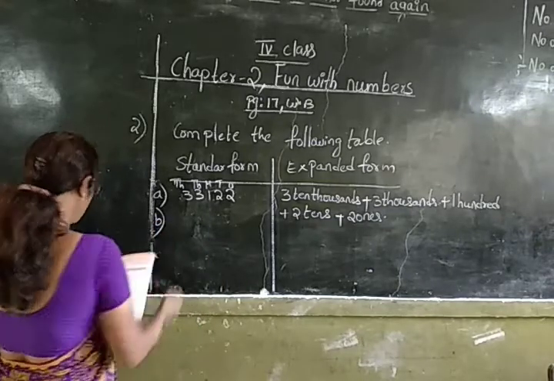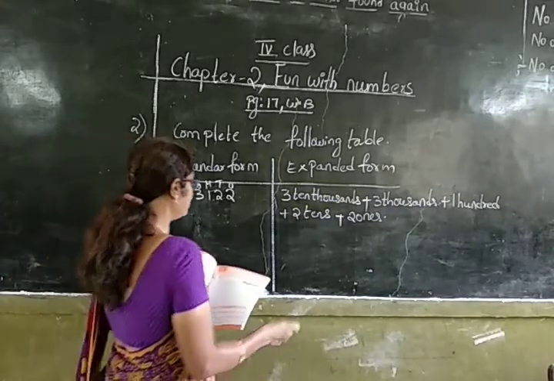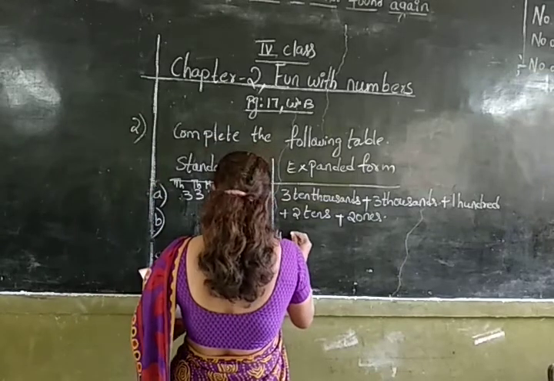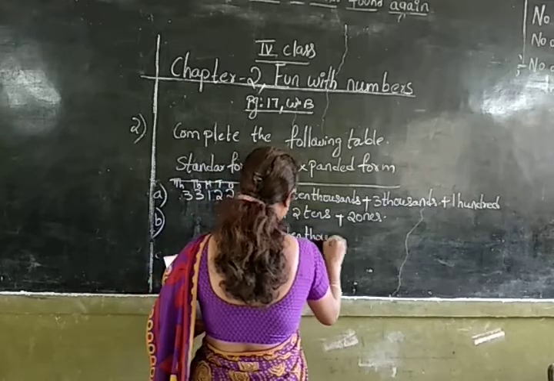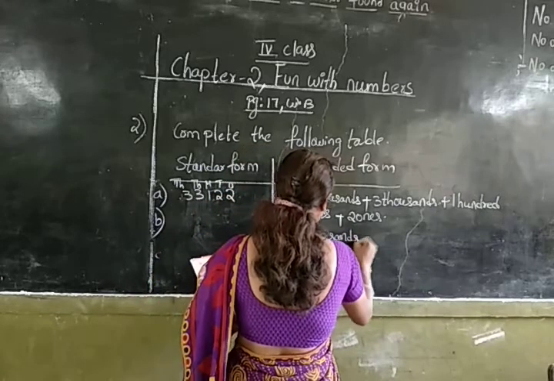Now let us write down the next sum, where the expanded form is given.